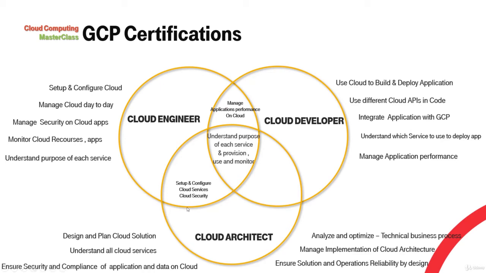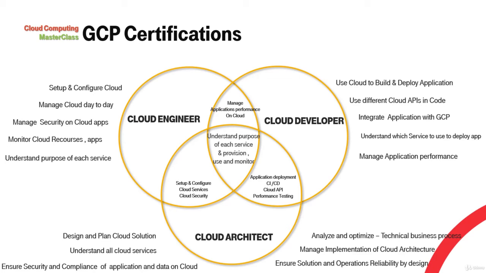If you look at cloud engineer and cloud architect, it is like setting up the cloud services: how do you design and plan individual services, making sure that security is in place, making sure that access permissions are in place. For cloud developer and cloud architect, you need to understand CI/CD pipelines, cloud APIs, performance testing, and all the other testing requirements for your application to perform better in the Google Cloud environment.